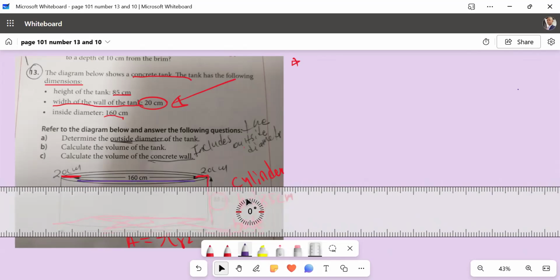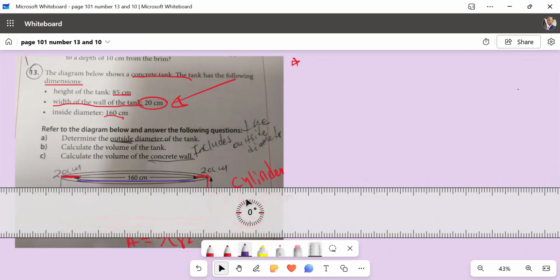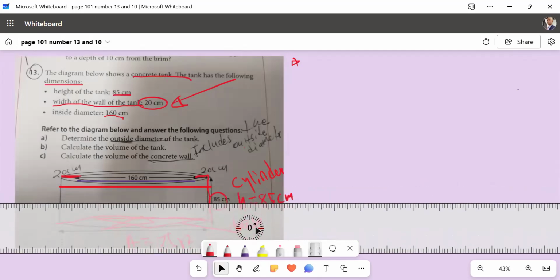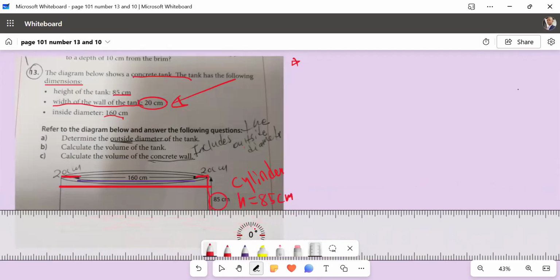Maybe you want to know the distance from, let me use a red pen, from this wall coming to this wall. The student should be able to see that this distance that I've just underlined now is a combination of the two numbers, which is 160 centimeter plus 20, which is this 20 here, plus another 20, which is this one here.